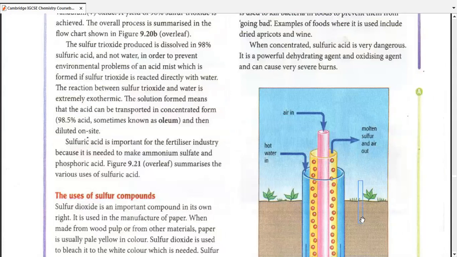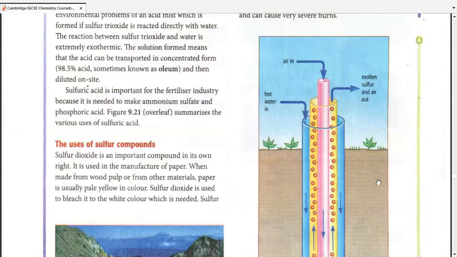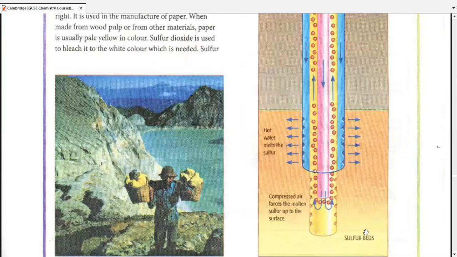Okay, so you would see and understand that's the process how the sulfur inside the sulfur beds, which is present in solid form, is first of all melted with the help of steam, and then is brought to the upper surface of the ground with the help of compressed air, right? So I hope this diagram is understandable for everyone.